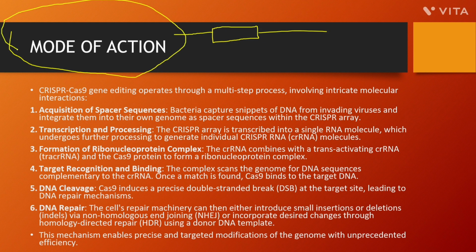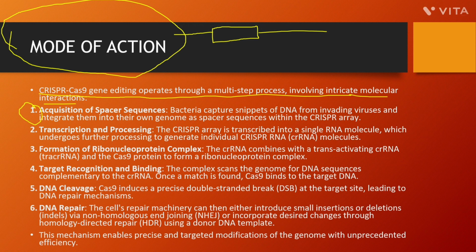CRISPR-Cas9 gene editing operates through a multi-step process involving intricate molecular interactions. The first one is acquisition of spacer sequences.